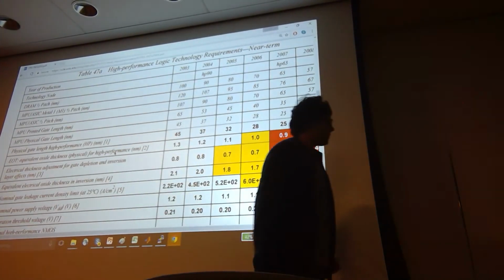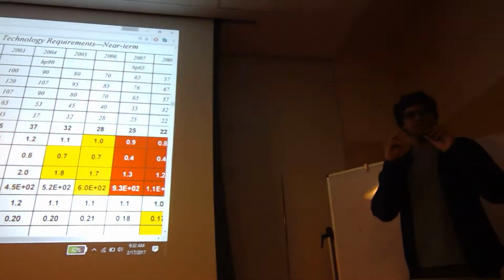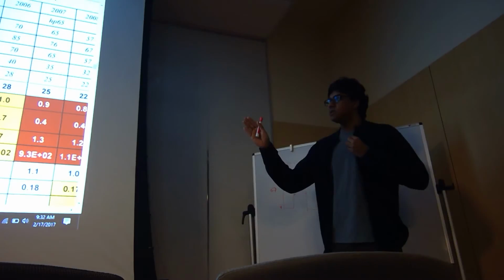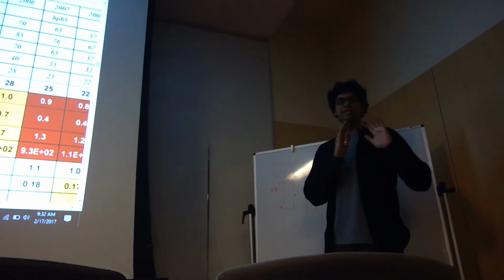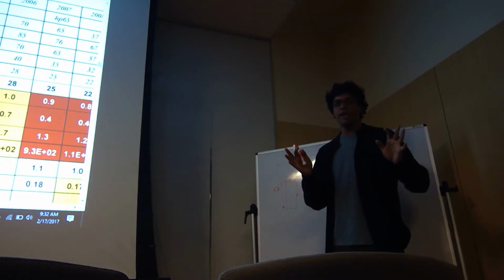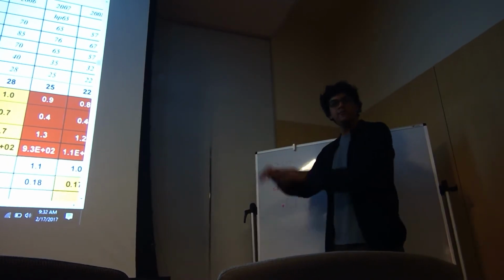Okay, so EOT is basically the oxide thickness that you need if you're using SiO2. For any technology, they need not necessarily use SiO2. They can use hafnium oxide, or any other high K dielectric, but they'll always specify your equivalent oxide thickness if you use SiO2.